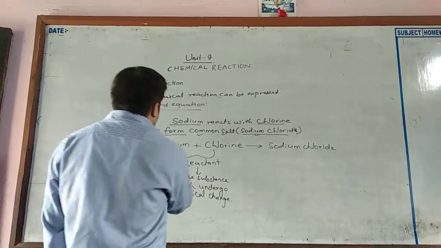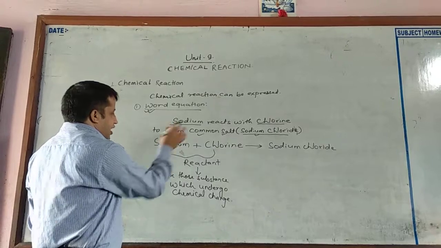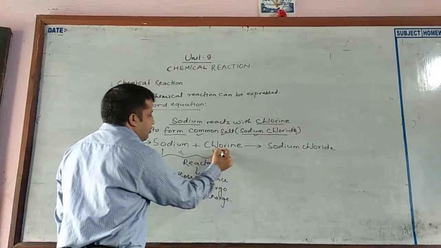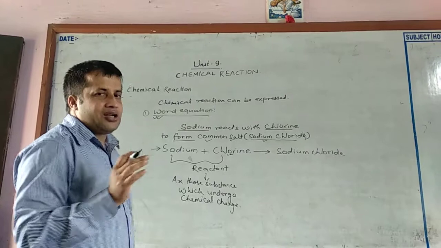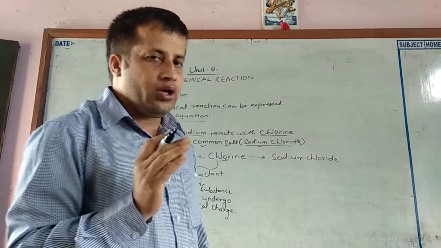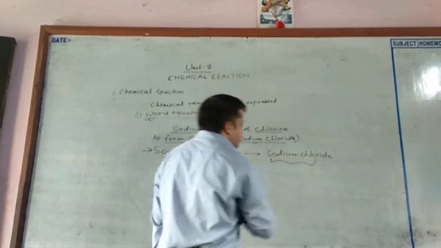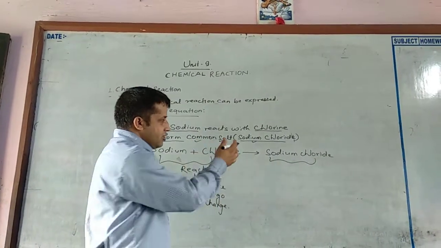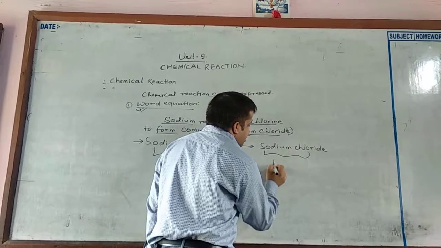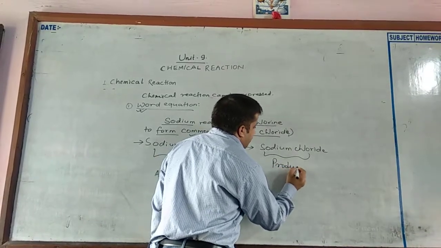In this example, sodium and chlorine are both reactants, as they undergo change. And what is the new thing formed? The new thing formed is sodium chloride. This is called the product.